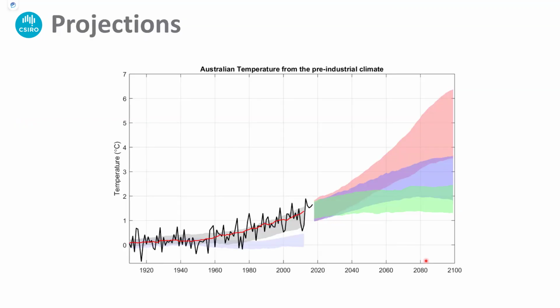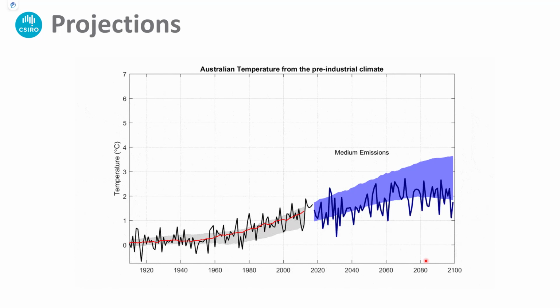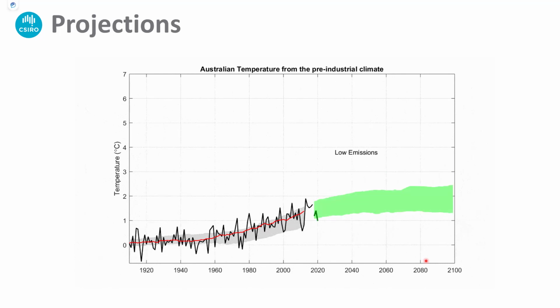So that's all interesting stuff. I'm going to have to finish there, but I just wanted to reiterate one final point, and that is that climate projections, the results will depend on our emissions pathway into the future, as represented by the coloured bands on this plot, but also the way in which the climate evolves over time from year to year will vary. There's no way we can predict exactly what that will be.